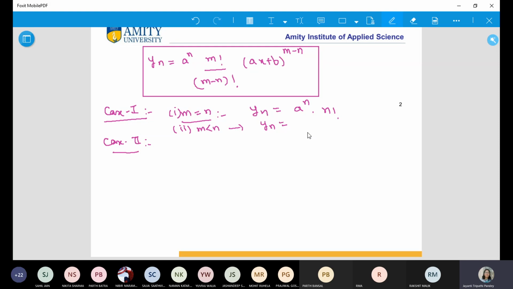If m is less than n, what will be yn? Anyone? Suppose your y is x cubed and you are looking for y4. What will it be? Arey, it's not that big a thing.